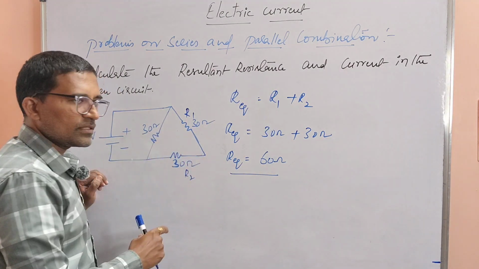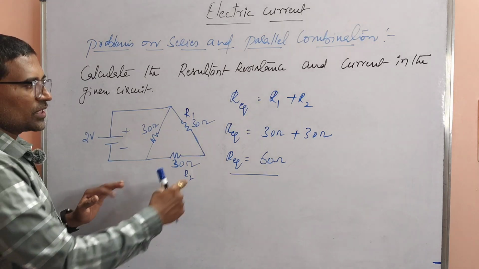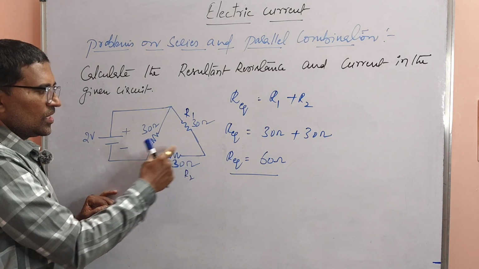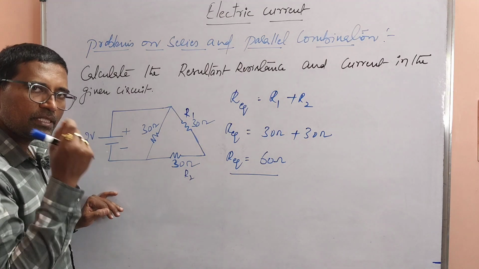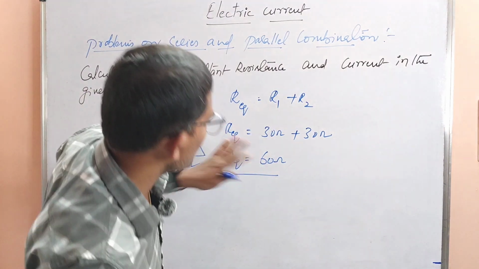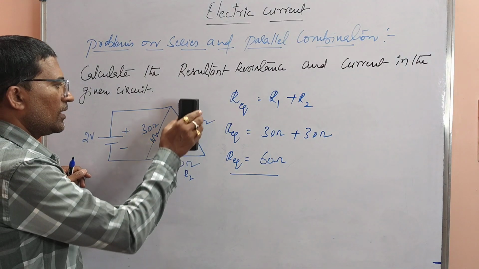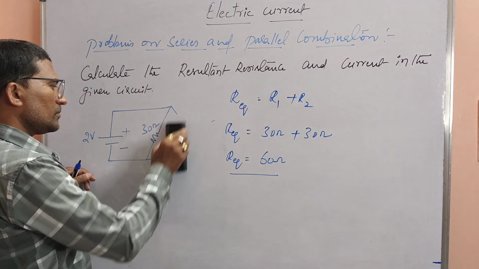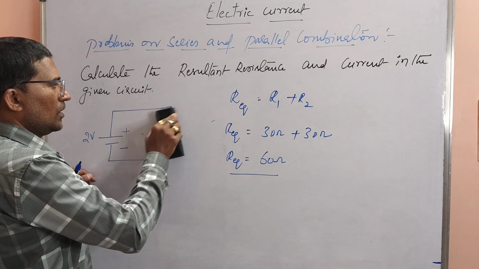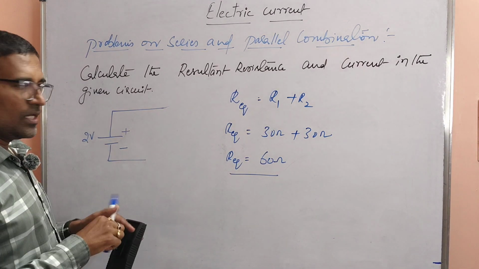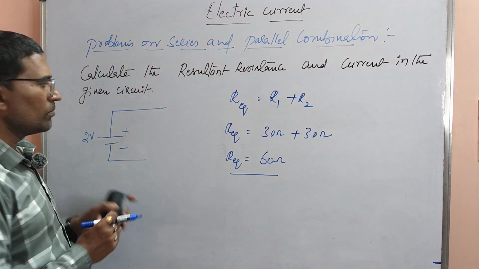After calculating this series equivalent resistance, the circuit needs a bit of modification. Now I will draw the circuit. I hope you all understood up to here. I will erase this combination. We calculated the equivalent resistance of those 2 resistors, which is 60 ohm.